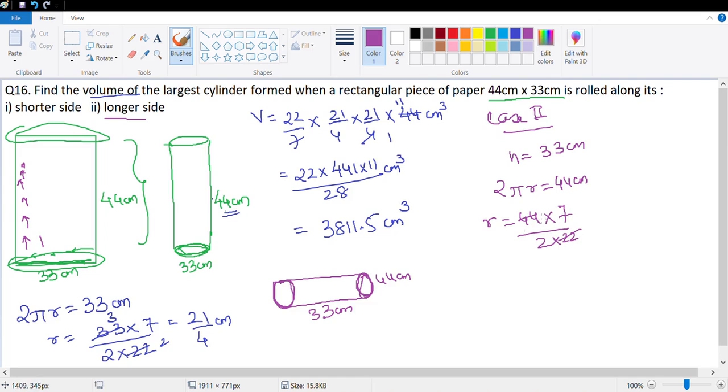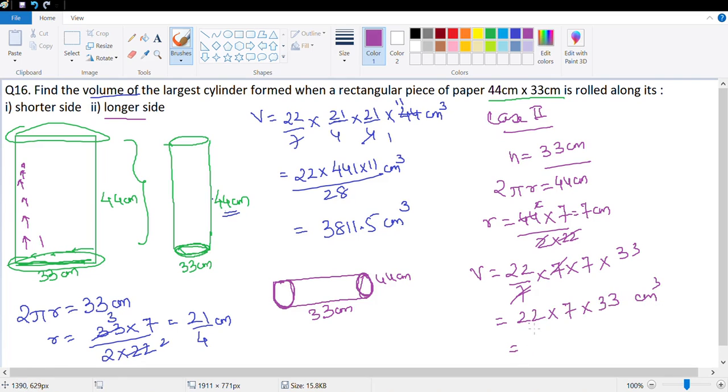That's 22 into 2, 2 and 2 get cancelled, which means equal to 7 centimeter, which means volume would be equal to pi into r square into h, and the h is 33. That's 7 and 7 get cancelled. This is 22 into 7 into 33 centimeter cube, and the calculation for 22 into 7 into 33 is equal to 5082 centimeter cube. Good.